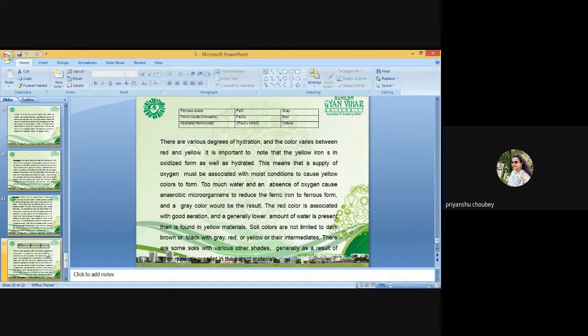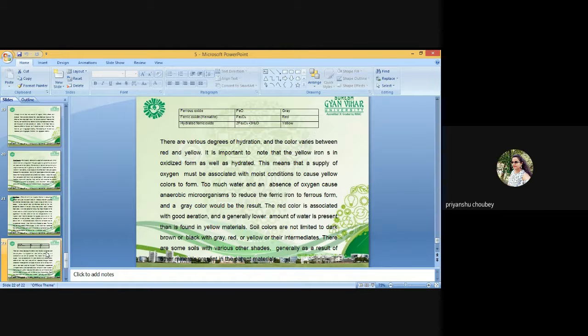Factors influencing soil color. The most important factors influencing soil color are the mineralogical and chemical composition of the soil. The presence of manganese oxide imparts a black color, while glauconite imparts a green color to the soil.